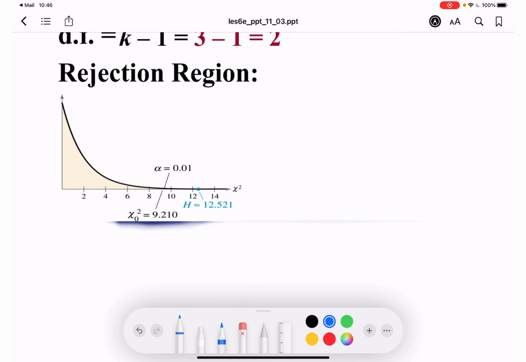We are going to use the chi-square test.